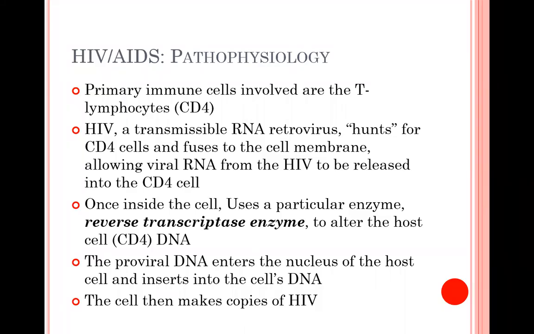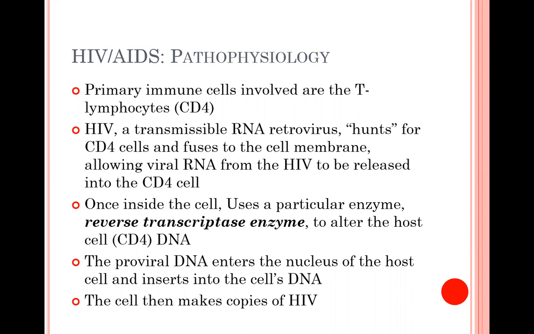Instead, the virus attaches itself to one of these T lymphocyte cells, the CD4 cells. It fuses with the CD4 cell, and then it takes control of the cell's DNA, making copies of itself inside the cell. And then finally, it releases more virus into the blood.